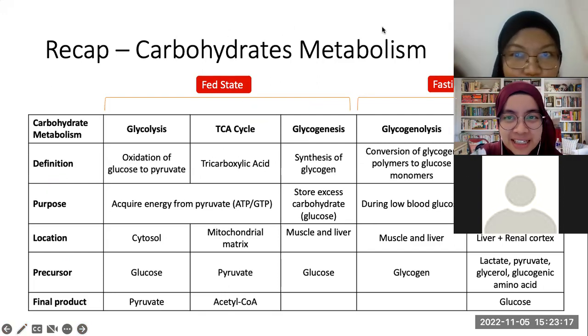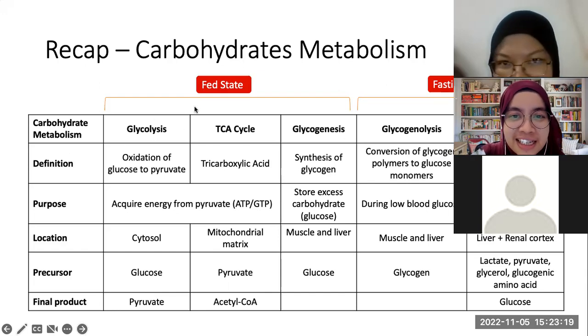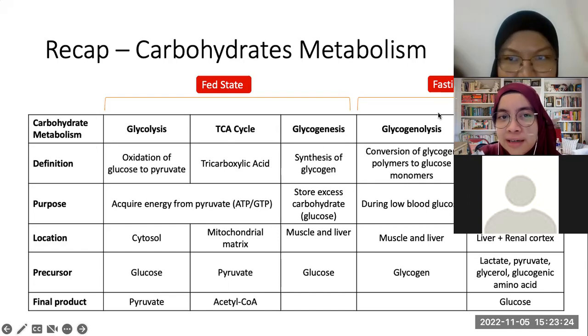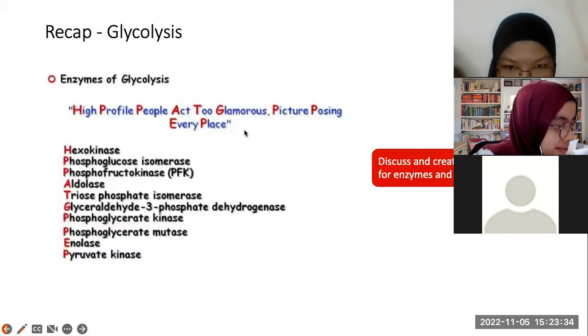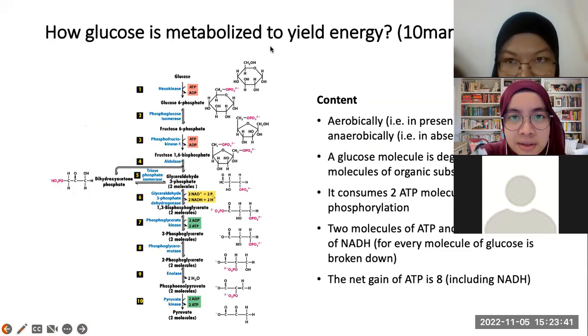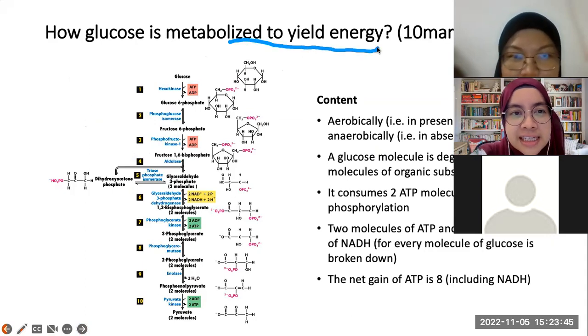Alright. So in carbohydrate metabolism, we have several metabolic reactions. It depends on our state: is it after we have eaten something, or after we have been fasting for quite some time, the fasting state? In this question, the hint is here: to yield energy.